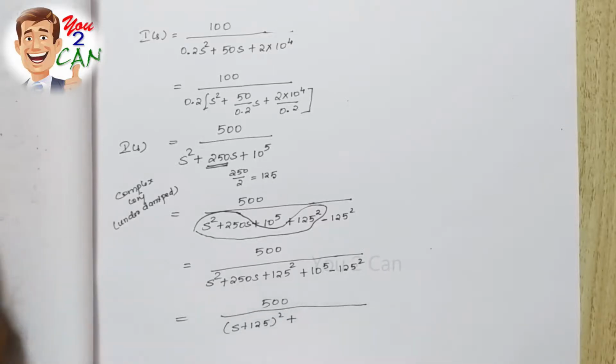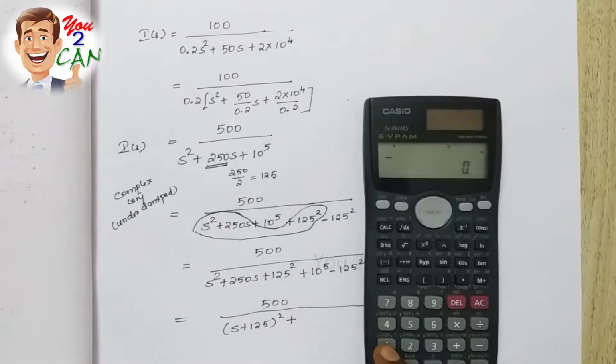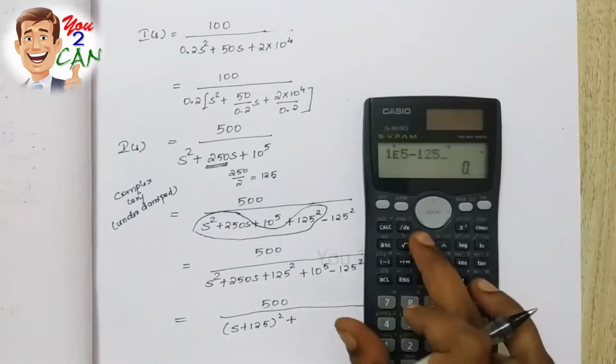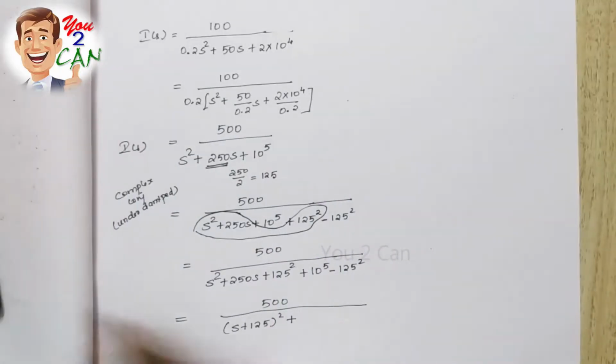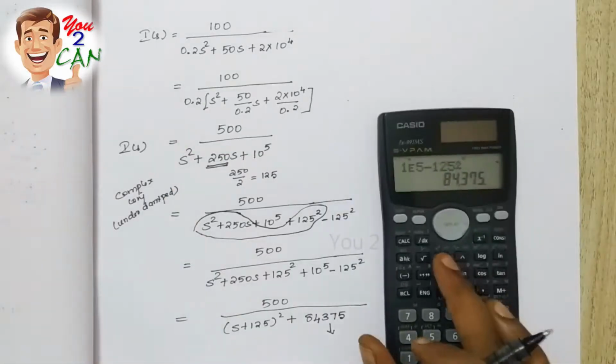Then write this separately, that is 1 into 10 power 5 minus 125 squared, which will be 84375. So you have to find the square root of this.